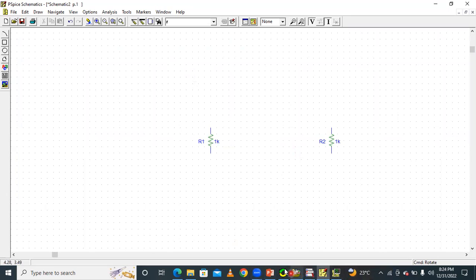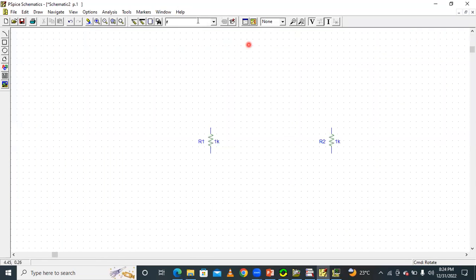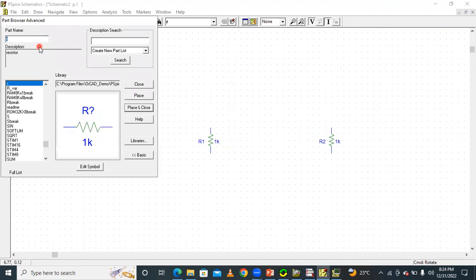And the next one is the voltage source. Take one voltage source, VDC. Enter VDC here.